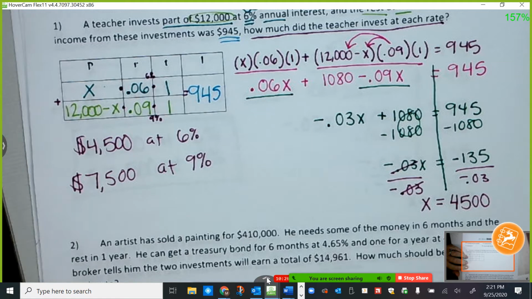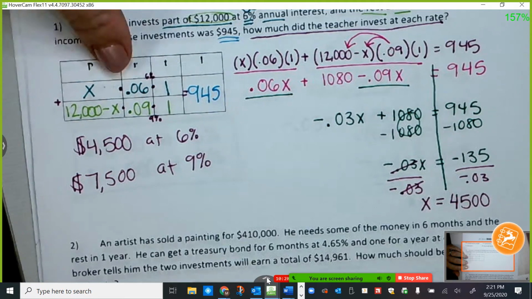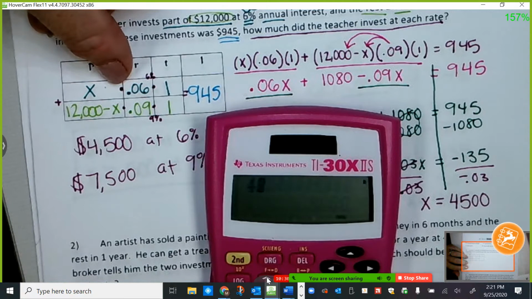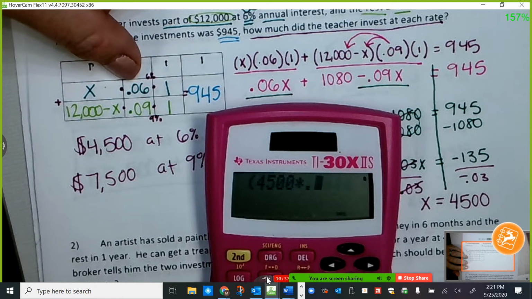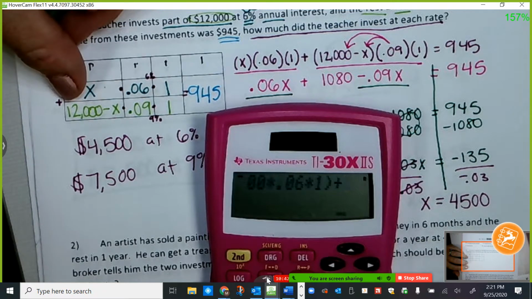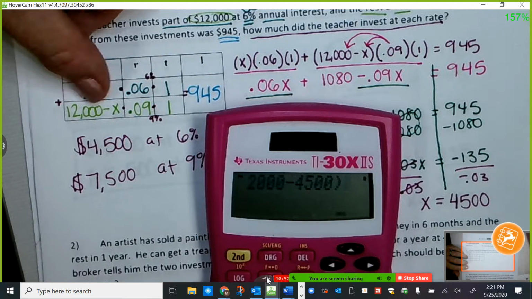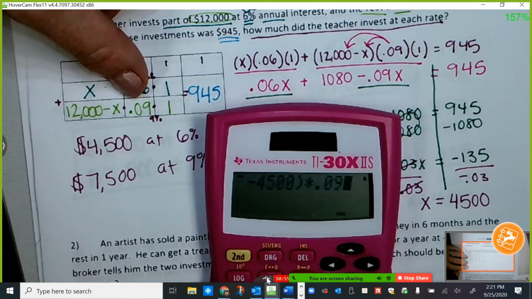Can you check your work on these? Could you plug in and just multiply? So 4,500, let me use parentheses, 4,500 times 0.06 times 1 plus, we're going to do parentheses again, 12,000 minus 4,500 times 0.09 times 1, and it should equal 945.